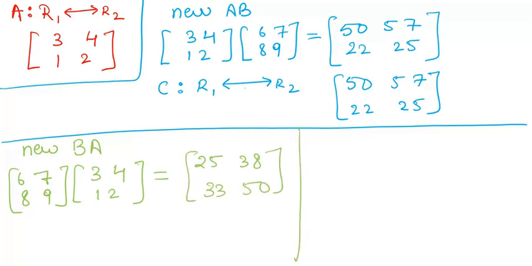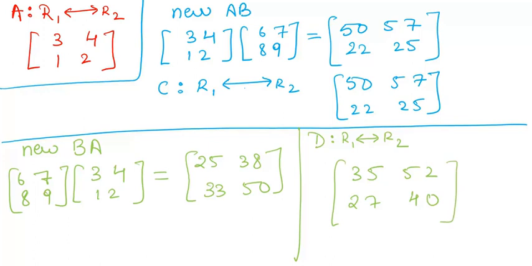If we apply the same row transformation interchanging R1 and R2 to D, then we get the matrix 35, 52, 27, 40. And here we see that these two matrices are not equal.